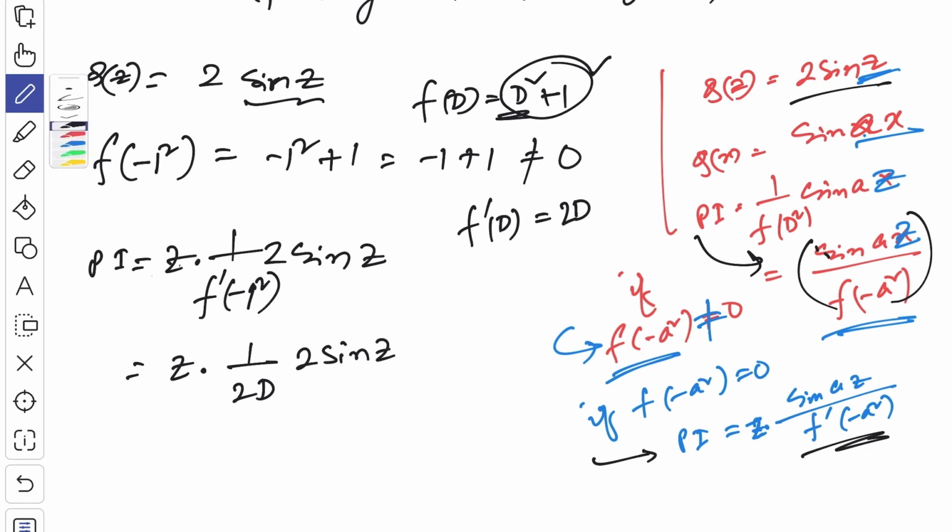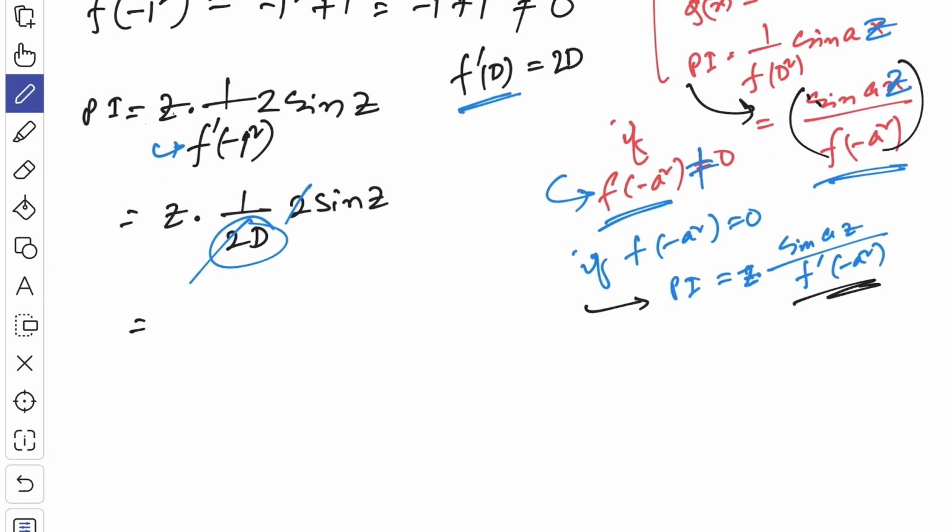So in order to find this f dash of minus 1 square, we need to put first f dash D. This 2 cancels, so that's why we have got 1 by D sine z.